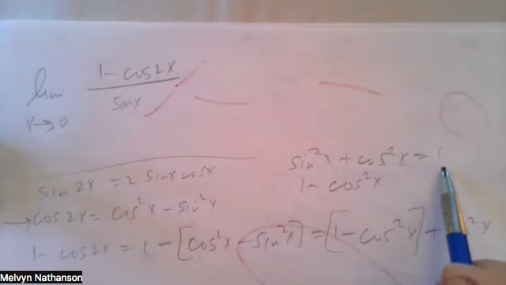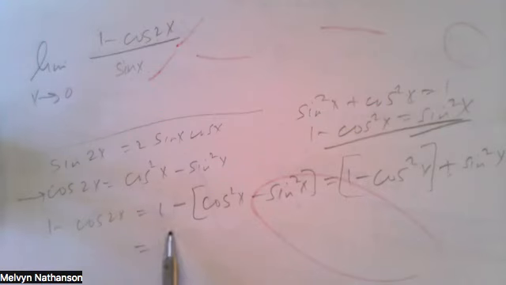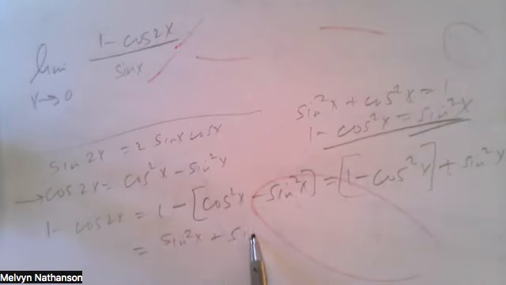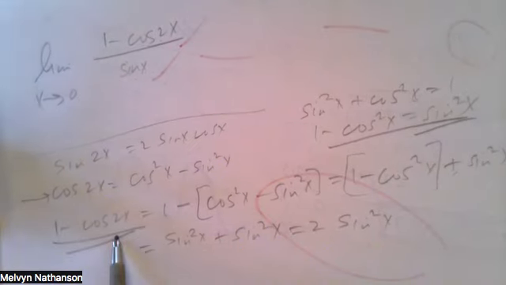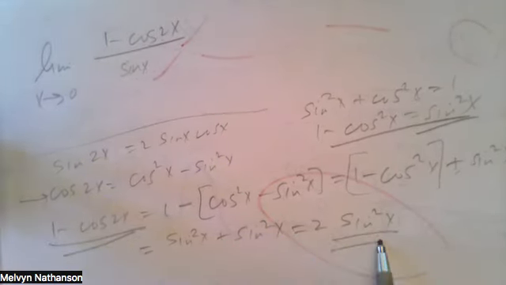So 1 minus cosine squared x is sine squared x. So this is equal to sine squared x plus sine squared x, which is 2 sine squared x. So 1 minus cosine of 2x can be rewritten as 2 sine squared x.